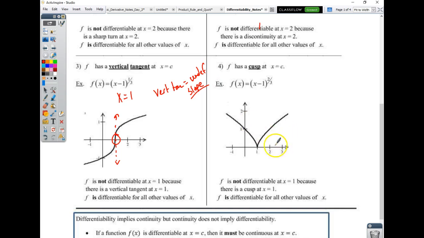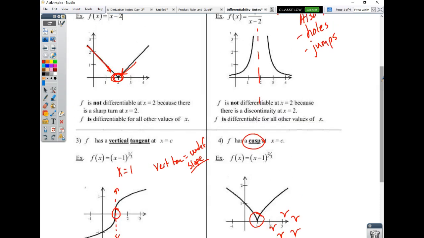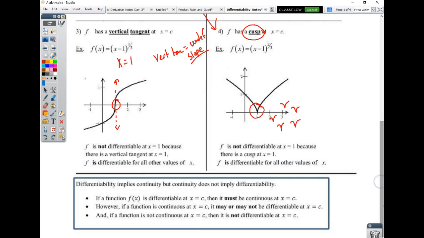Finally, a cusp. If you imagine zooming in on this portion, it starts looking like one of those little birdies. If you draw a bunch of them, you've got yourself a flock of seagulls. In this case, at x equals 1, we would get what's called a cusp. Before you get scared about me being picky, these two are essentially the same concept, and those words can be used interchangeably.